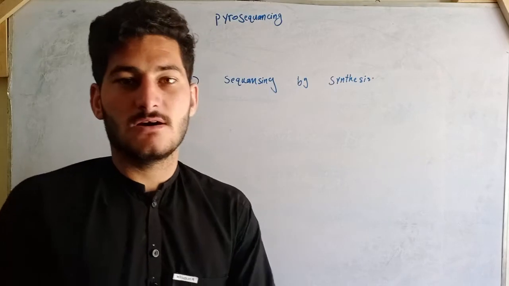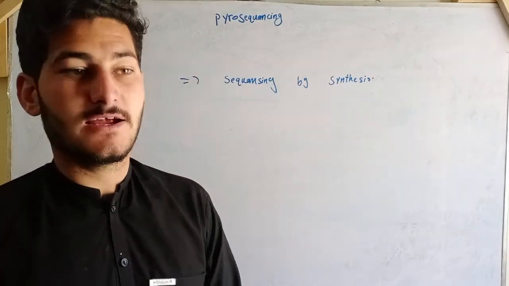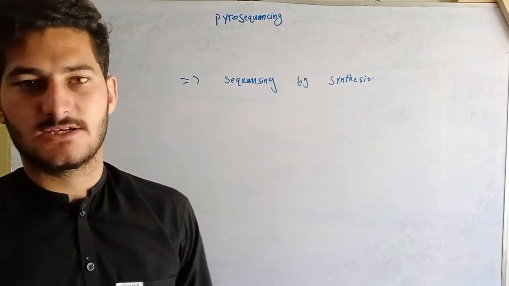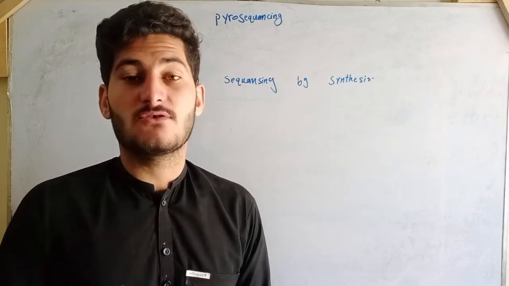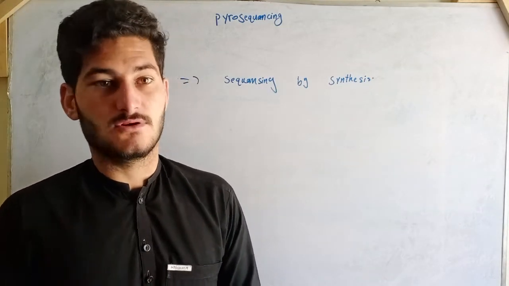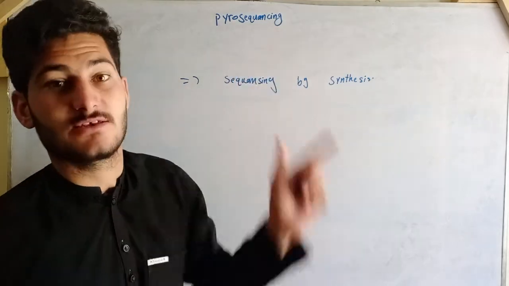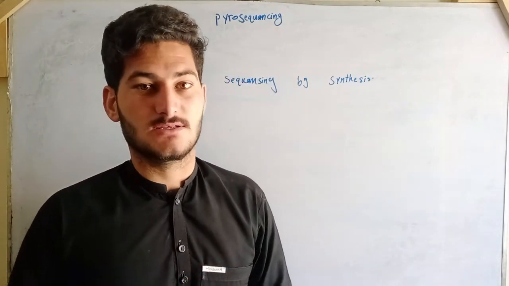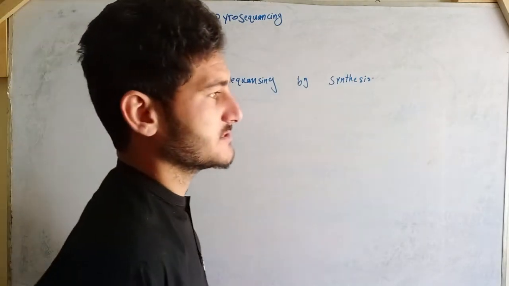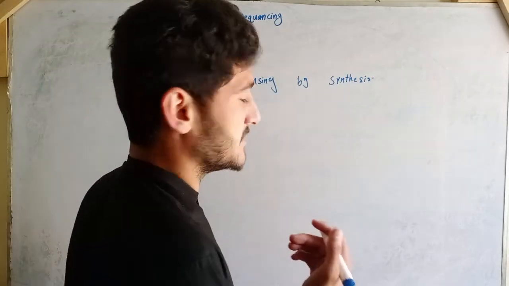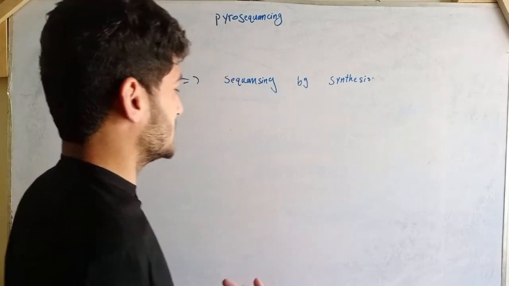When a new nucleotide is added to the unknown template strand of DNA, the pyrophosphate is removed. So that sequencing is called pyrosequencing. Let's explain how the pyrophosphate is removed during this sequencing.